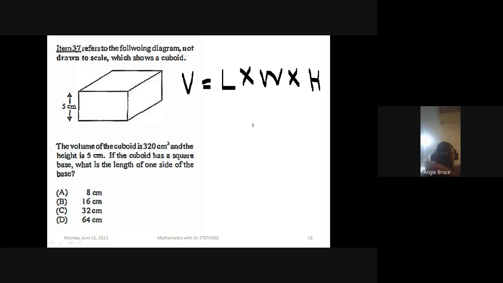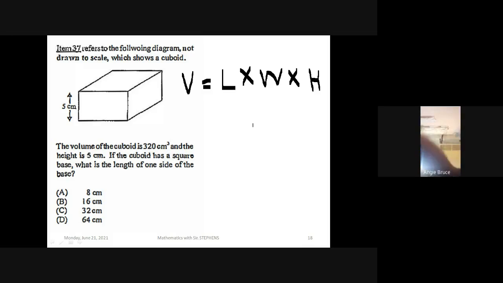What I was doing, sir, was dividing the sides by 4. I was saying 4 into 320, sir. So 4 divided into 320 gives you 16?